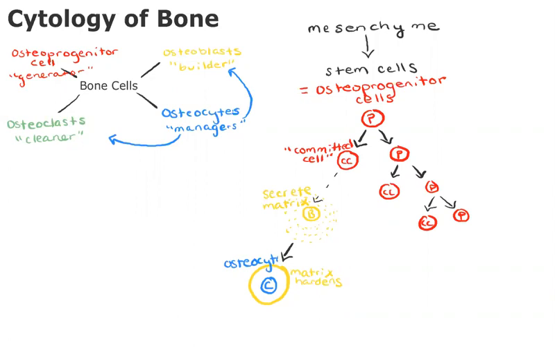Because the matrix around it is hard, it can't build any more cells, any more bone. Now it just has to sit there and manage and tell other osteoblasts, hey, build, build, build. Or telling osteoclasts, hey, I need your help. Can you clean something up for me?